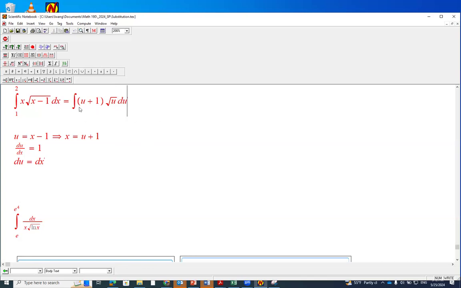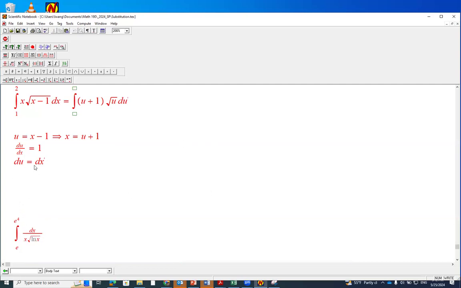And we're not done yet, right? Because we have to change these two numbers on the top and on the bottom. And there comes the table, okay? So we have the table with x and u locked in that relationship, and x is from 1 to 2.